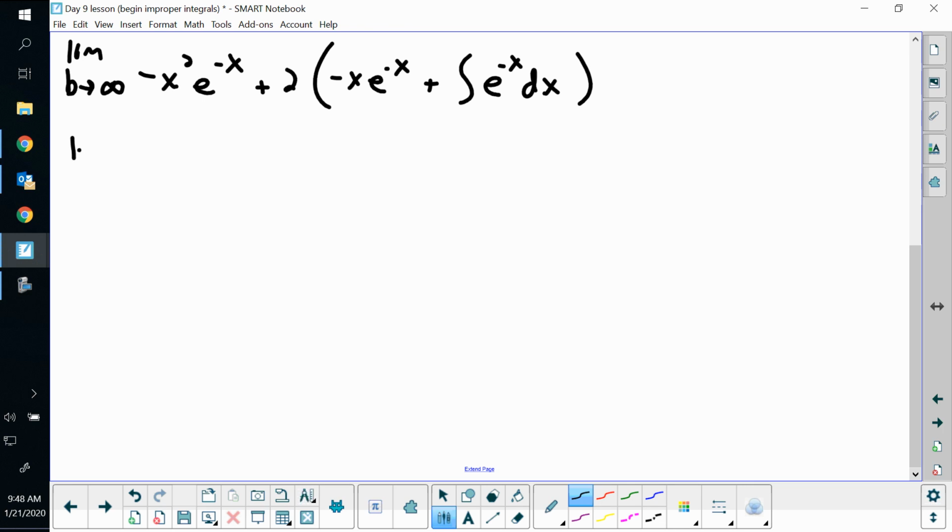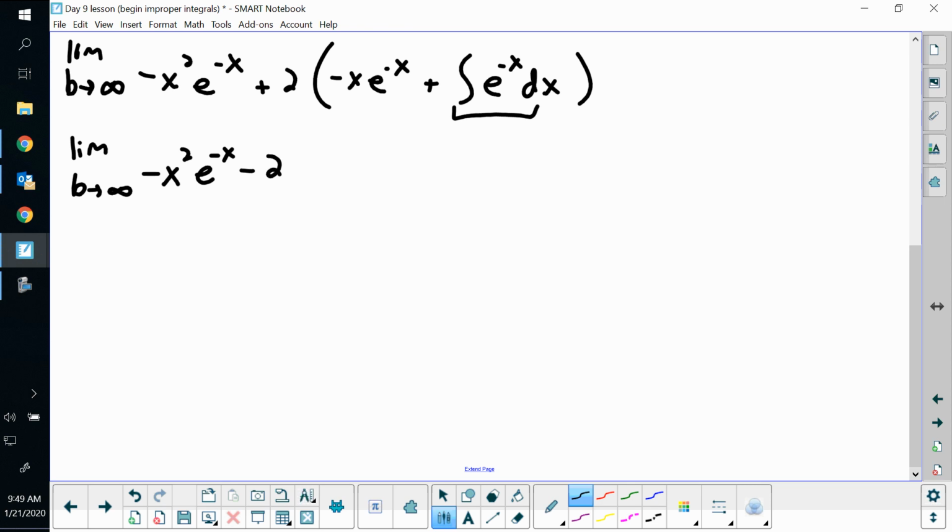So this will be limit b approaches infinity minus x squared e to the negative x. We're going to do two things at once. This thing's antiderivative, we've seen it a few times in this problem, is just minus e to the negative x. So we're going to do that and distribute the 2 at the same time.